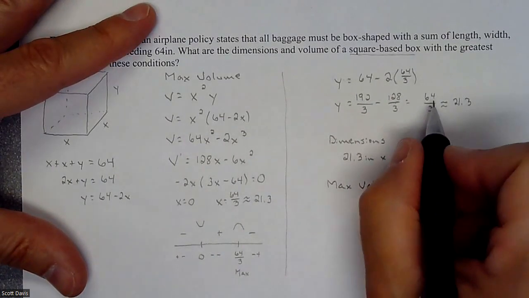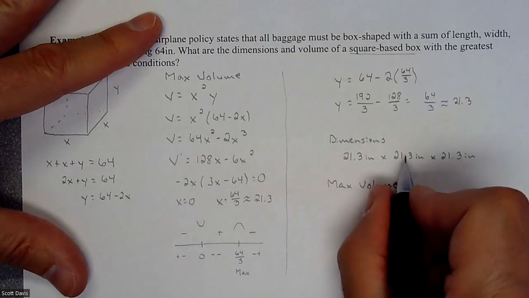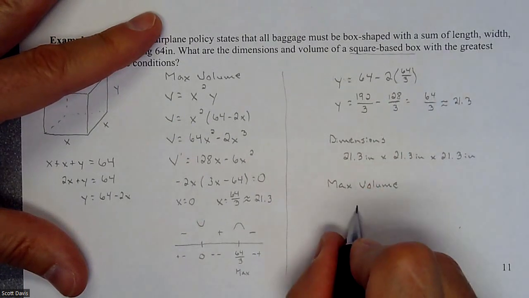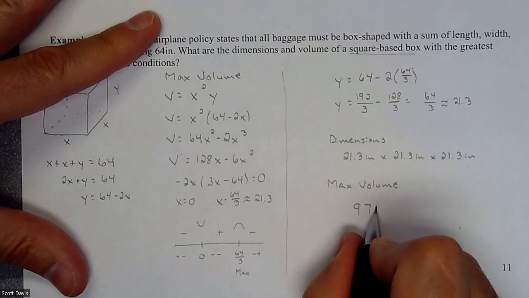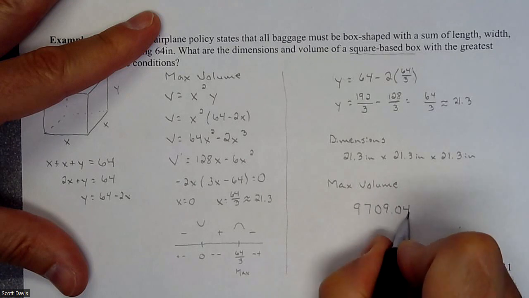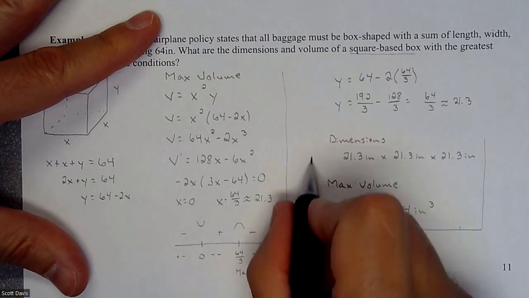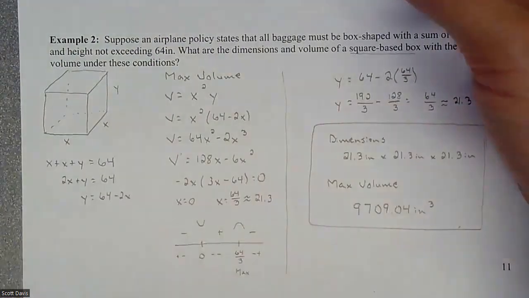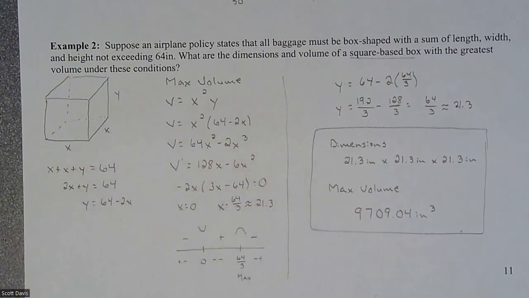I would take 64 thirds cubed. So our maximum volume, if I throw that into the calculator and round to 2 decimal places, is 9,709.04 cubic inches. And that was us finding a maximum volume given some sort of a dimension constraint that we have.